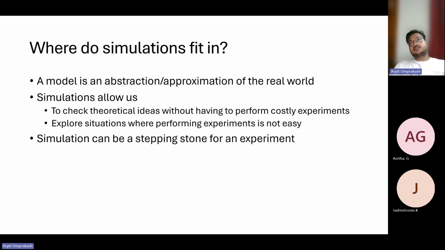So we are taking some features of the real world that we think might be important in dealing with a problem or explaining a phenomenon, right? And we are taking only those few features and trying to build a simple model of how things might be in real life.